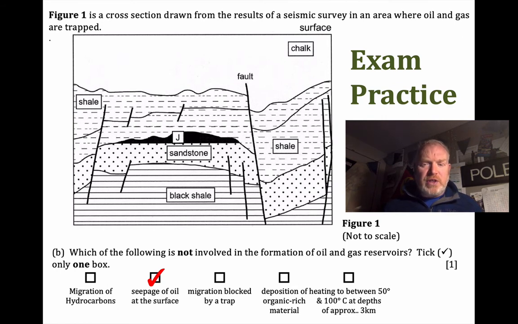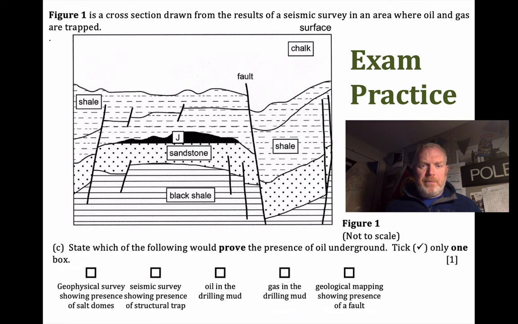It's a process we call maturation. All of these things can be done as part of the exploration process for oil, but there's only one thing that proves it, and that's actually finding oil from the hole that you drill as a result of all the other work you do.